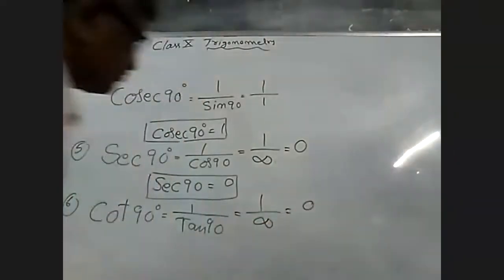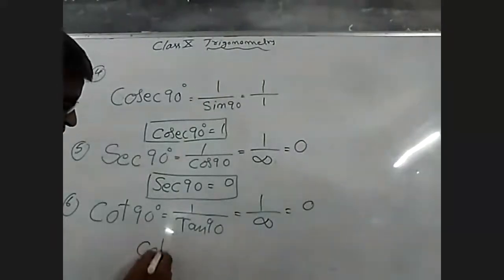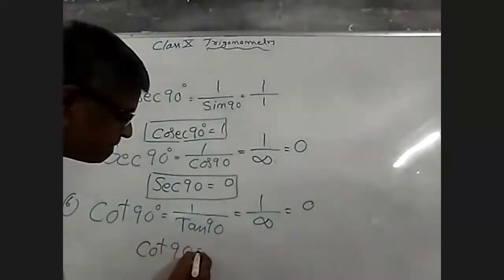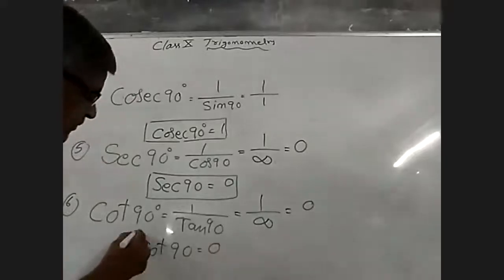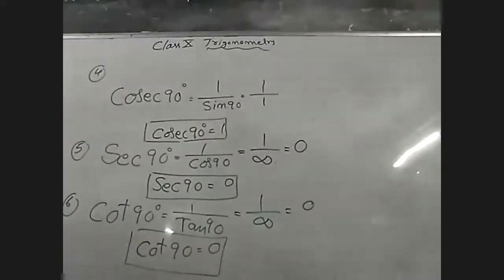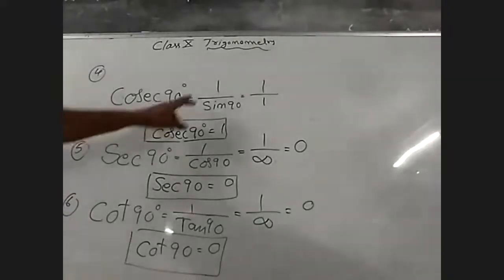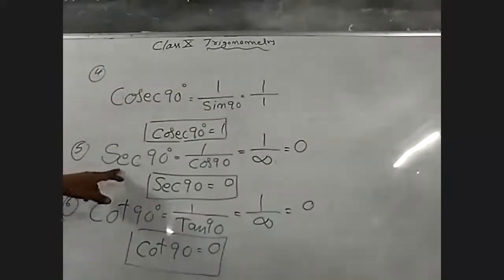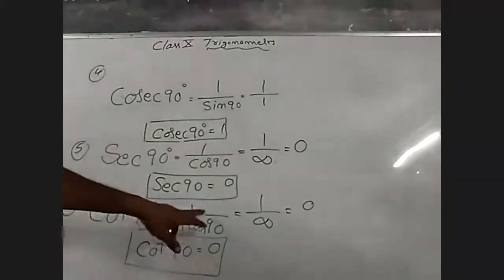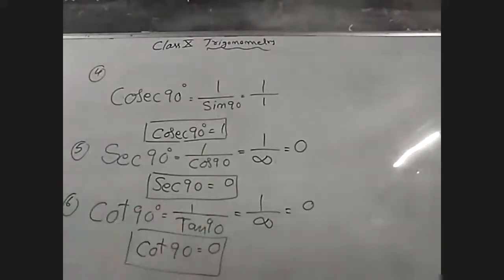So 1 by infinity is 0. Therefore, cot 90 is equal to 0. Even by using reciprocals, you have to find cosecant 90 by using 1 by sin 90, secant 90 by using 1 by cos 90, and cot 90 by using 1 by tan 90.